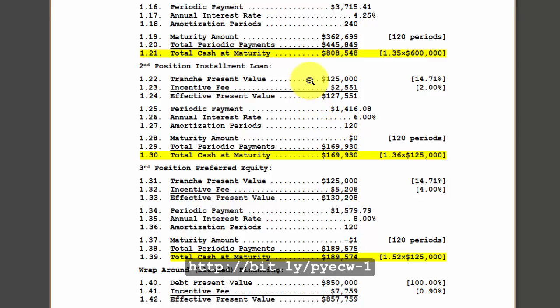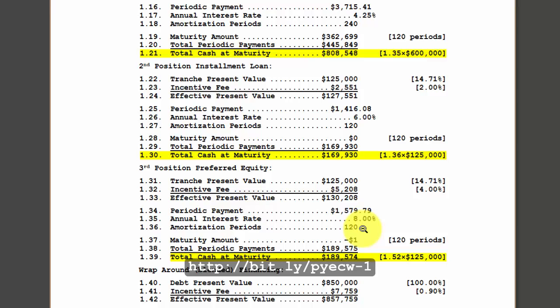So the seller gets his $125,000 now, and we make the payments. We bring in a third position, preferred equity private financier, for another $125,000. We add in a 4% incentive fee. The nominal interest rate is 8%, amortized over 120 periods.